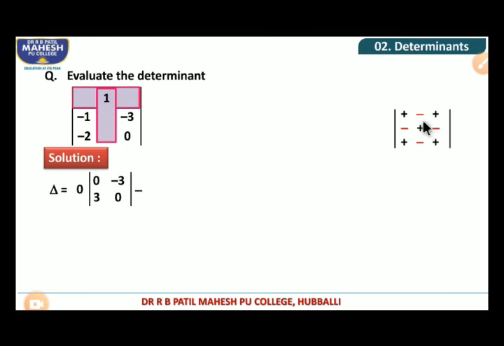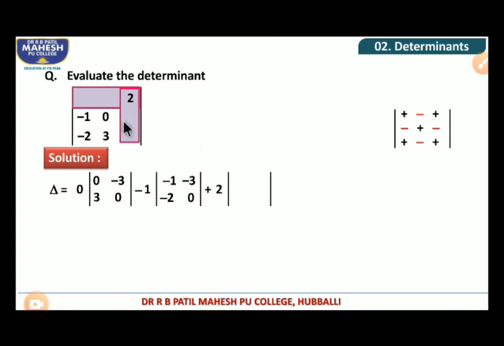The next element has the sign minus, so minus 1 into the determinant -1, -3, -2, 0, plus the third element, for which we have the sign plus. So plus 2 into the determinant -1, 0, -2, 3.